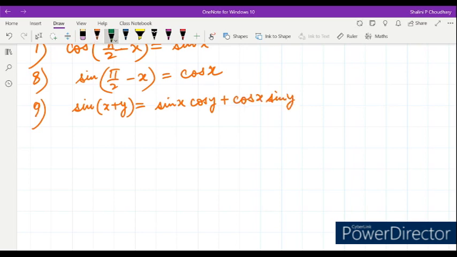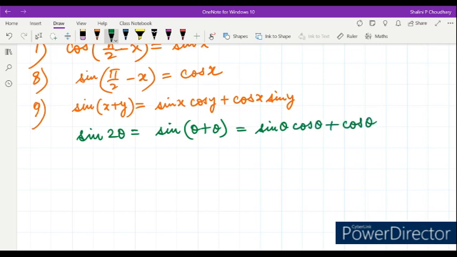So if we have sin 2 theta, applying this, it will be theta plus theta. So it will be sin theta cos theta plus cos theta sin theta, which equals 2 sin theta cos theta. So one more formula we got.